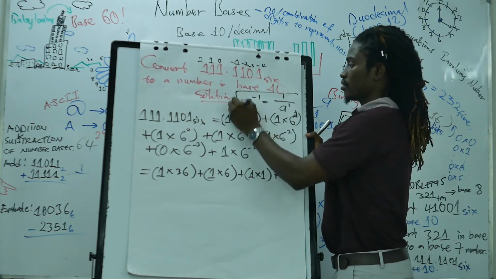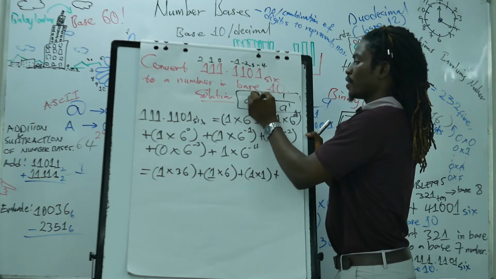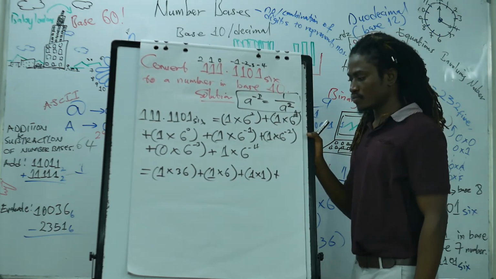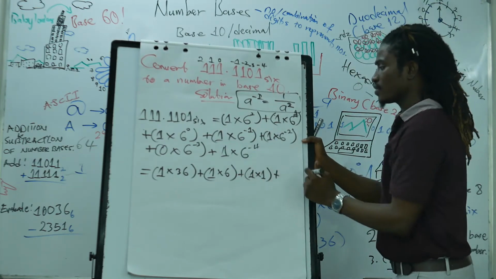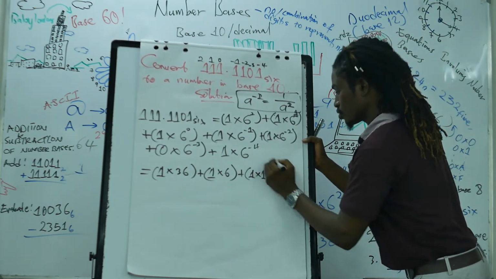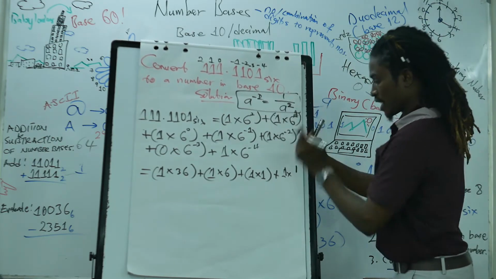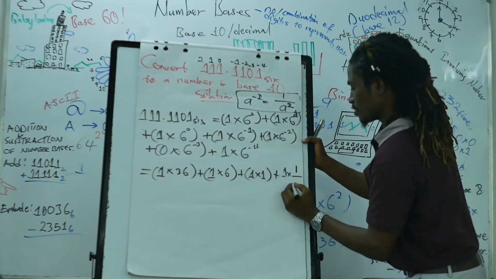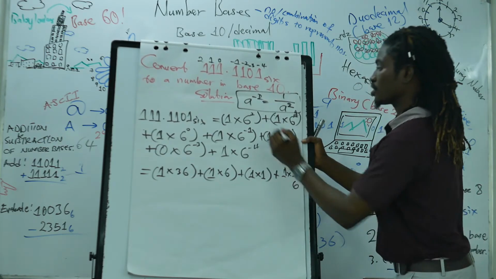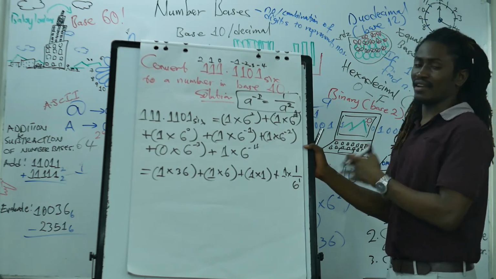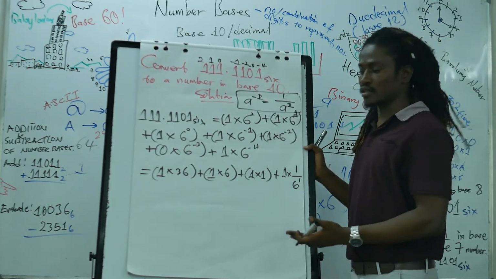Keep this in mind. If this is minus 2, it now becomes plus 2. So this is going to be 1 multiplied by 1 over 6, raised to the positive 1.